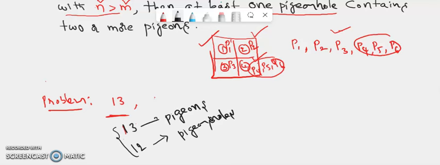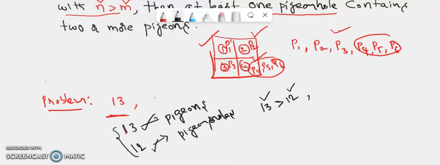So in this problem, the number of pigeons, meaning the number of children, is greater than the number of pigeonholes. Pigeonholes here means the months of a year. So 13 is greater than 12. So here the number of pigeons is always greater than the number of pigeonholes.